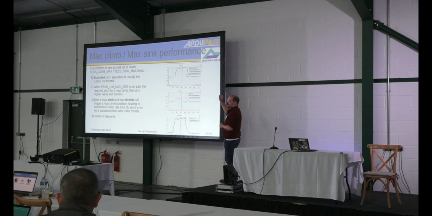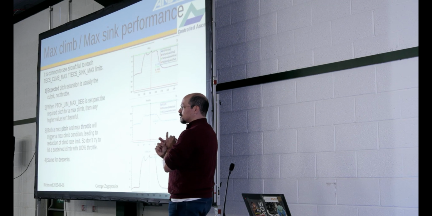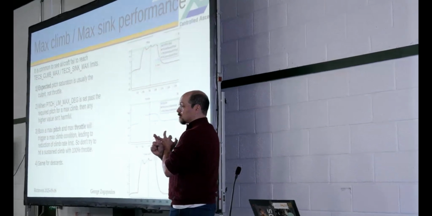The reason this happens is that TECS will ease off the stick, in a sense. It will stop climbing as fast or sinking as fast when either of two conditions is true: either it's expecting to exceed its maximum pitch angle, or it is actually reaching the maximum throttle.